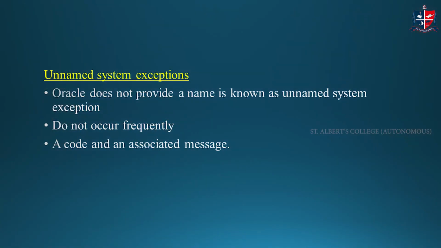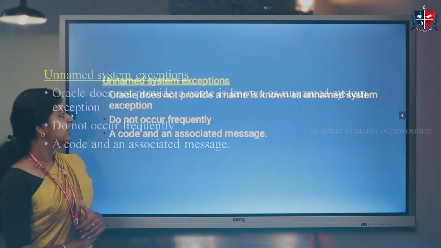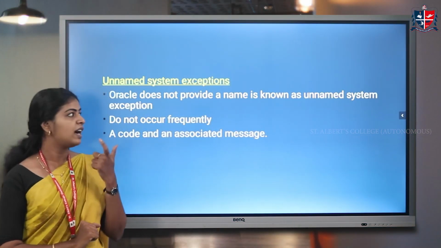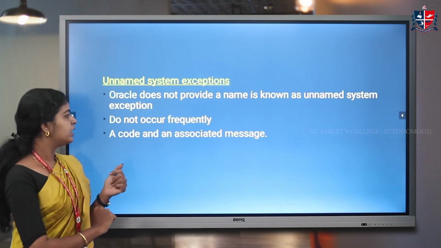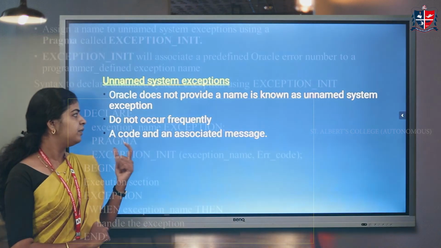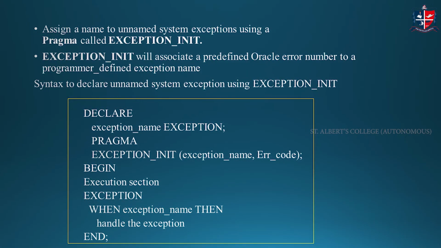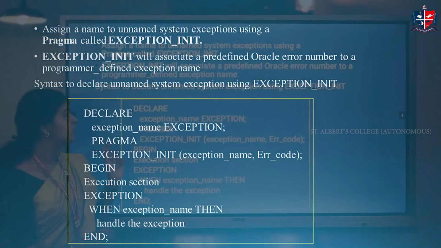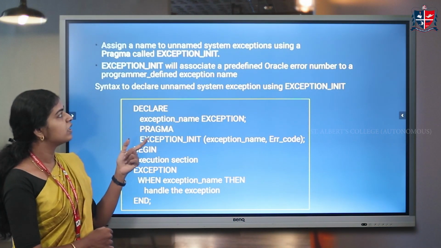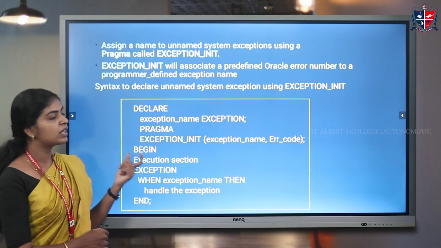The second type is unnamed exception, or system exception. Here Oracle does not provide a name, which is known as an unnamed exception. We have a code with a message, and you can also see the structure of an unnamed exception. Here we assign a name to an unnamed system exception using a pragma called EXCEPTION_INIT.